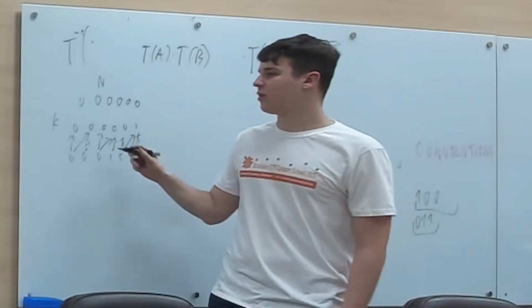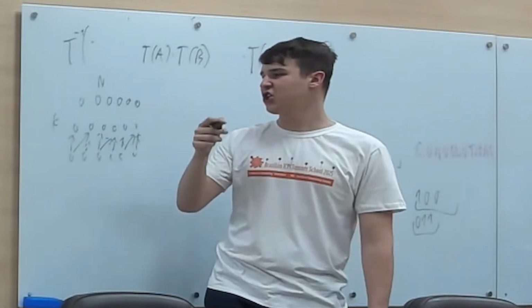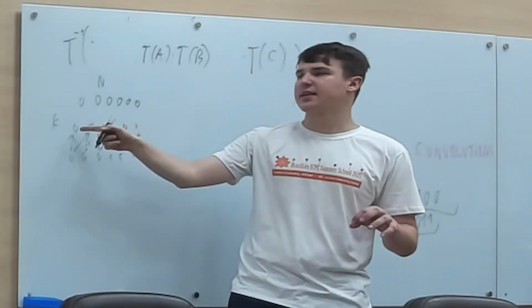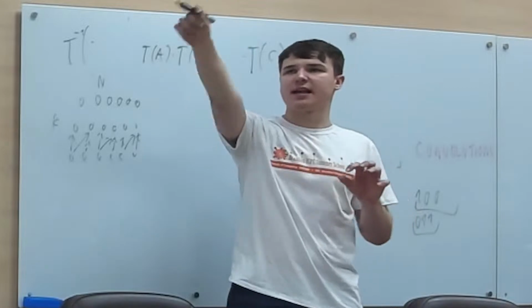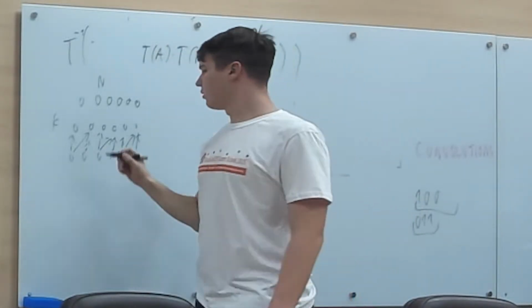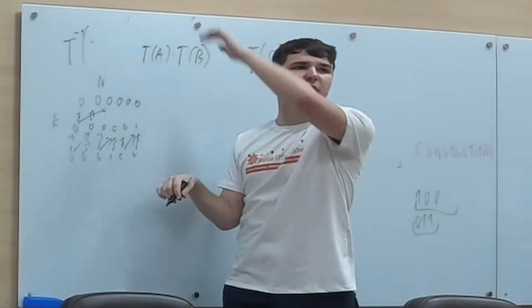On the second layer, there are those edges which do nothing, but also the edges which consider the addition of the first bit. So only if this guy has no first bit, then it has an edge going to a version which does have the first bit. Okay. Do you understand how to construct this graph?